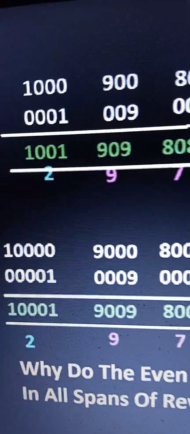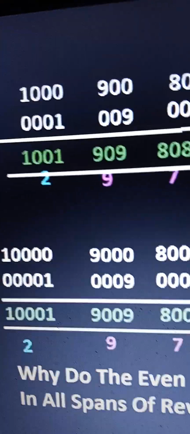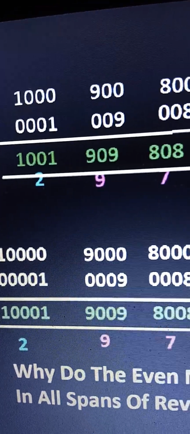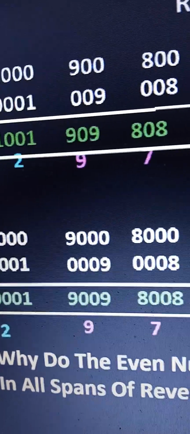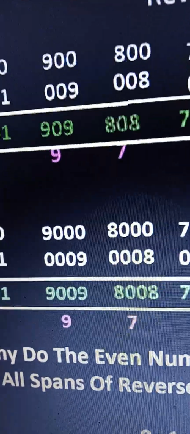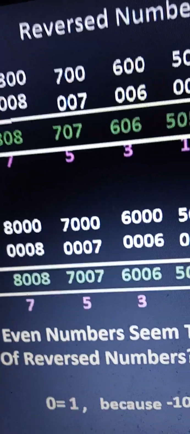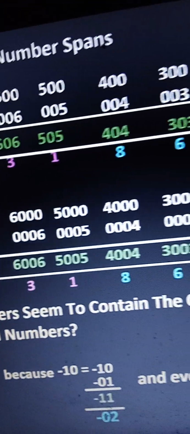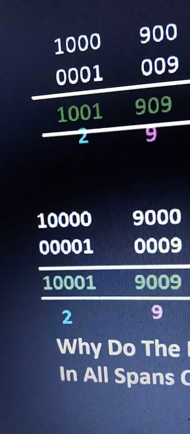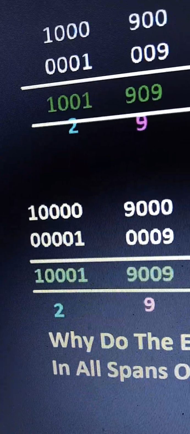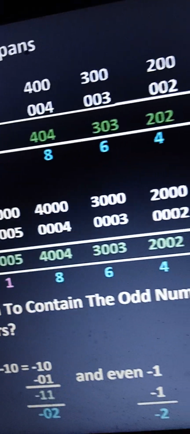And they again contain this span, these patterns of numbers. They start out with a 2, then 9, and you can imagine these going all the way down the line of these numbers. And this pattern emerges, even in a span of 10,000, 9,000, 8,000, 7,000, 6,000, 5,000, 4,000, 3,000, 2,000, 1,000.